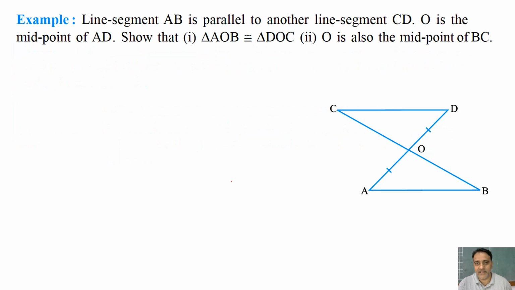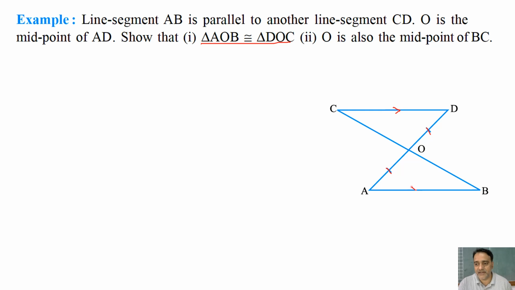So we'll see one example. Line segment AB is parallel to another line segment CD. O is the midpoint of AD. So since O is the midpoint of AD, these two will be equal. We have to prove that these two triangles are congruent. So let us start. What is given is that AB is parallel to CD.